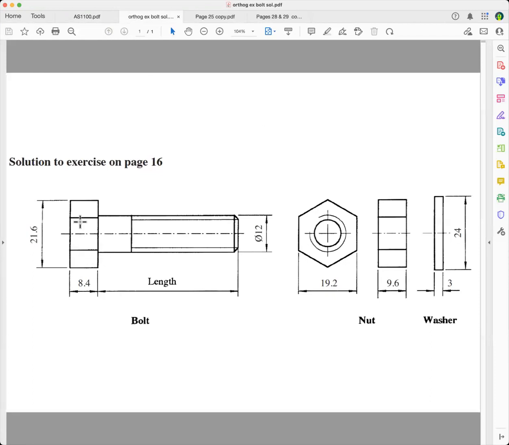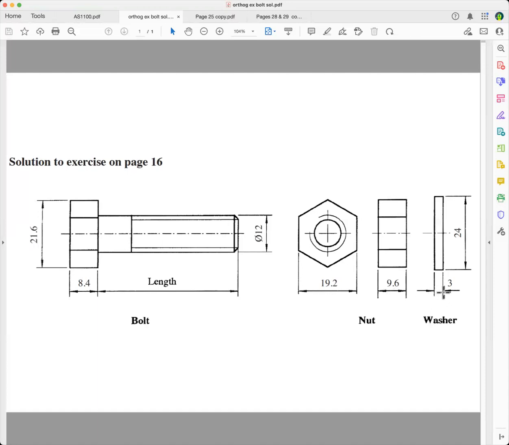So this is the across corners, which is 1.8 times 12. And this is the thickness here, which is 0.7 times 12. And so you've got phi 12 there, which is the outside diameter of it. And this is 0.6D, which is 19.2. This is 0.8D, 12 eighths of 96, so it's 9.6.